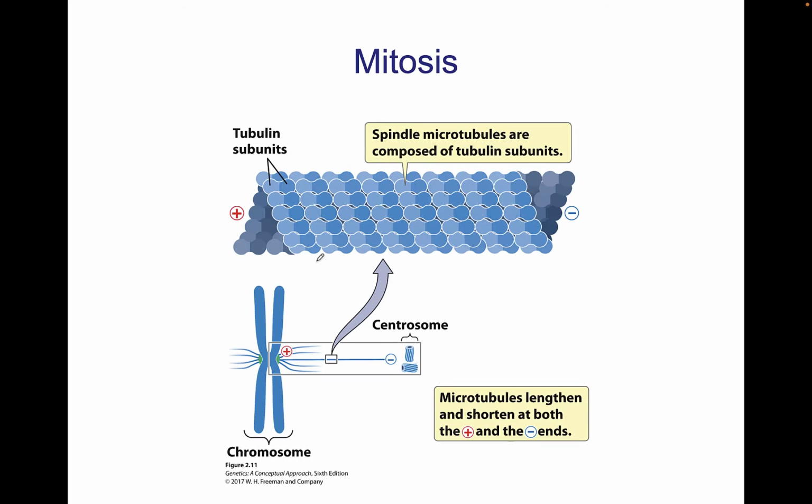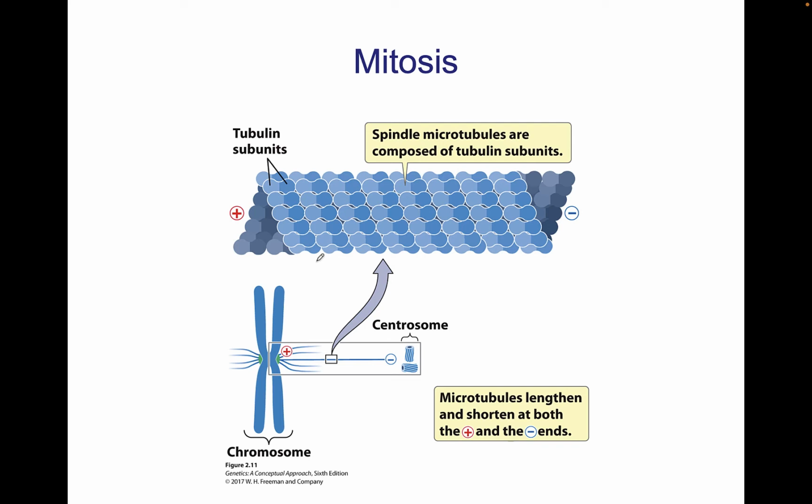A key component that I want to talk about, because we've been talking about these spindle microtubules, that are very essential in the pulling apart or forming that tension that helps to separate the sister chromatids from each other at the centromeric region, where there's a restriction or a pinch that has the connector cores present. The spindle microtubules are made up of what we call tubulin subunits, and each microtubule has a plus end and a negative end.